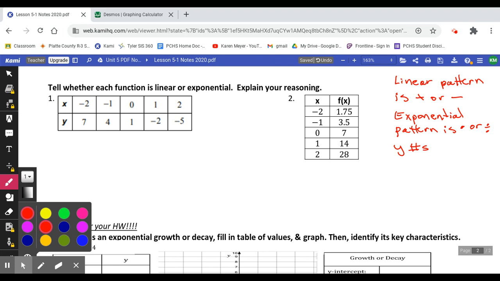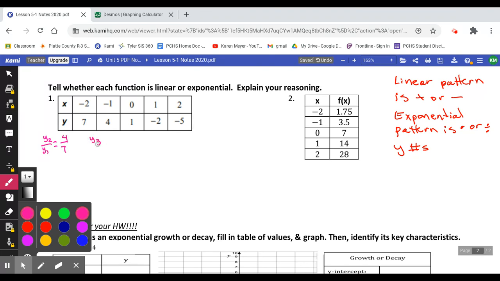Okay, so the first problem, if it jumps out at you, great. If not, we're just going to check one. So let's say I wanted to see if it was exponential. Then I would do y2 over y1, which would be 4 over 7.